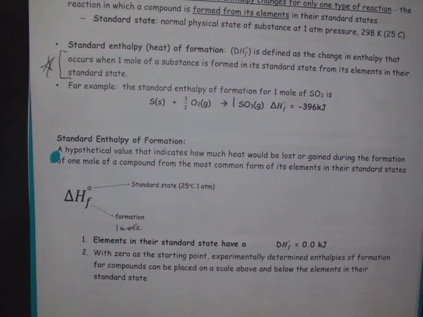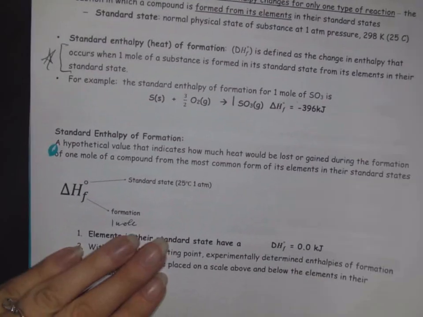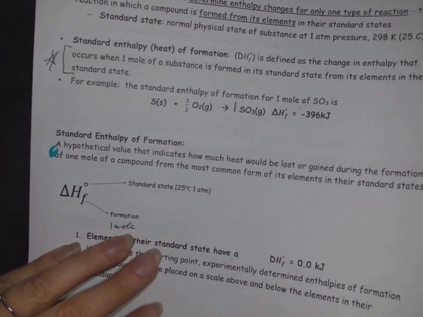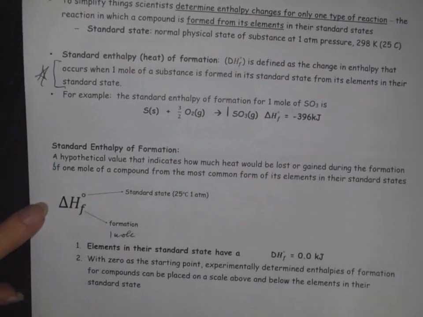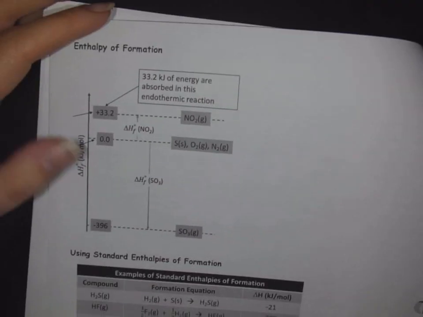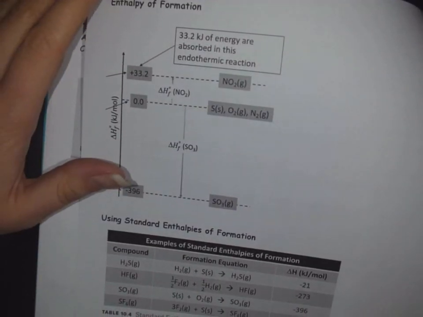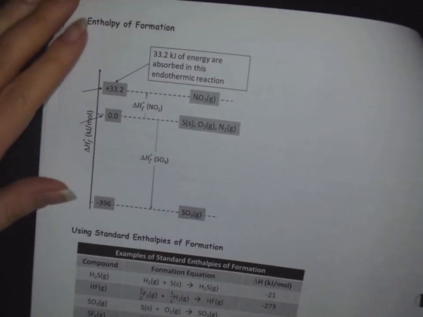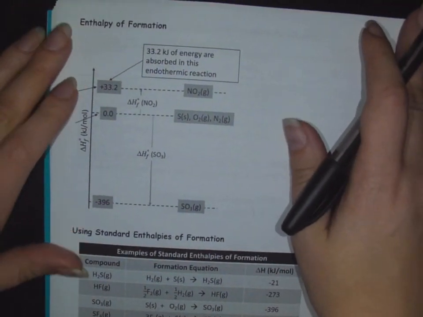Now, the cool thing is if you look at these standard enthalpy of formation values for everything in a reaction, we can see what the delta H would be for the entire reaction. Okay?